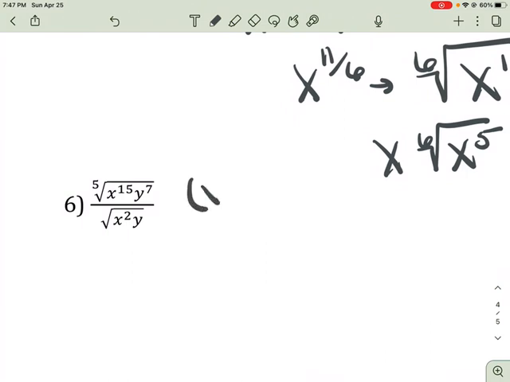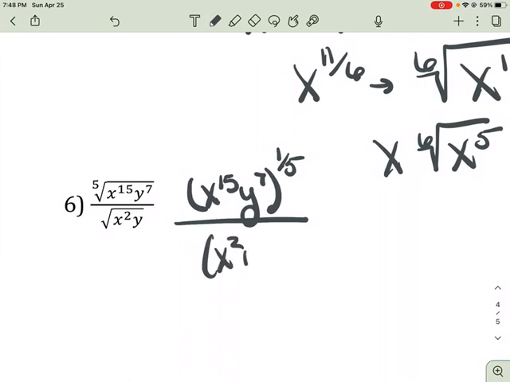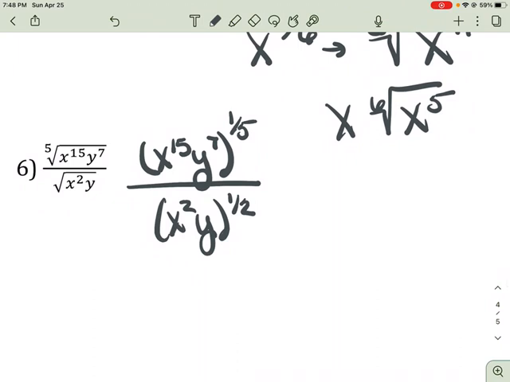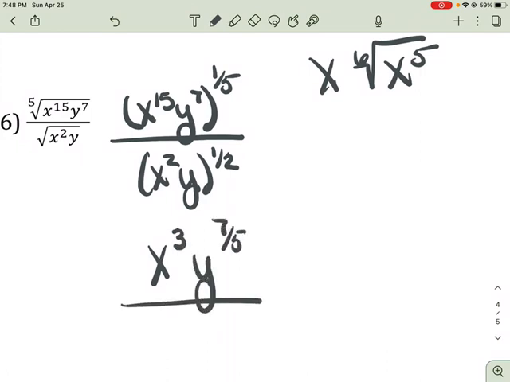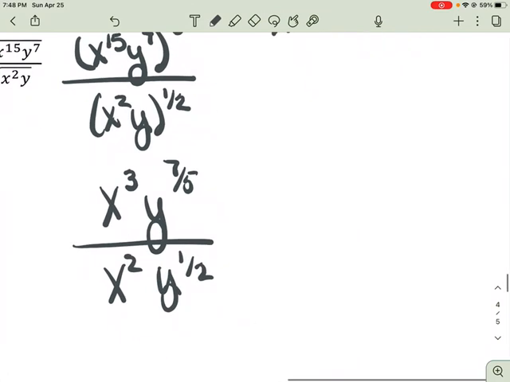All right, so we got x to the 15th, y to the 7th, to the 1/5 power, and then x squared y to the 1/2. Now, since they're not exactly the same, we can't just subtract the exponents. So I'm going to give everybody the 1/5. So x to the 15th to the 1/5 power is x cubed, y to the 7/5, x squared, y to the 1/2.